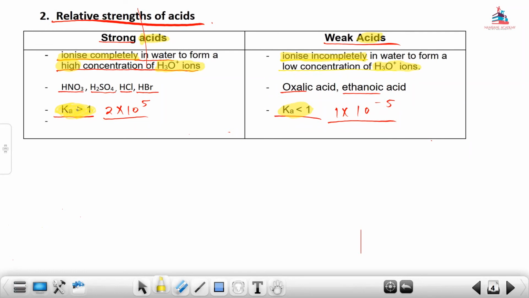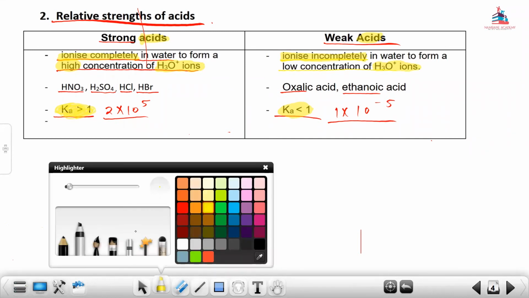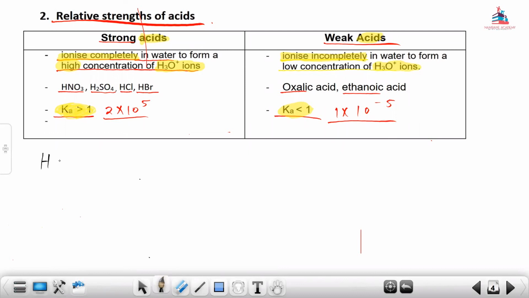Now, you have a reaction, and I'm going to write it down quickly, of an acid that we don't know. They say HX plus H2O gives us H3O plus and X minus. But the examiner further says for this reaction, the Ka is equal to 2 multiplied by 10 to power 10.